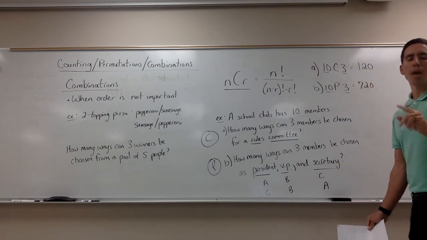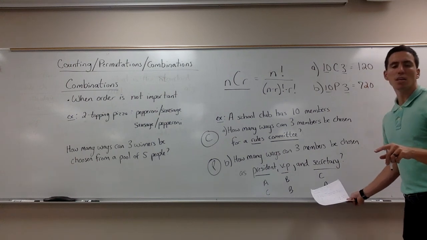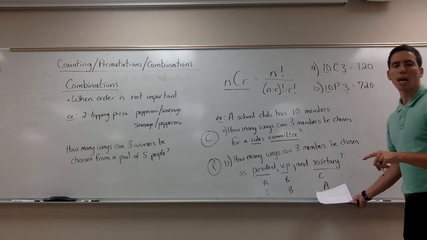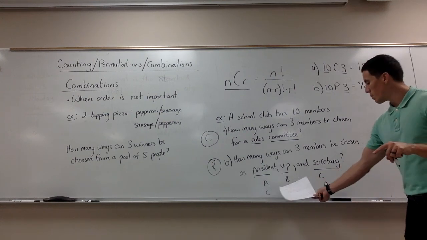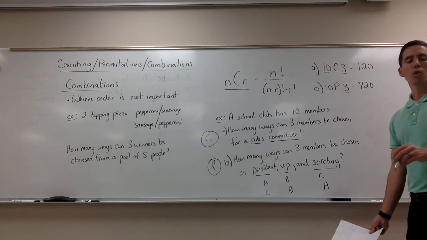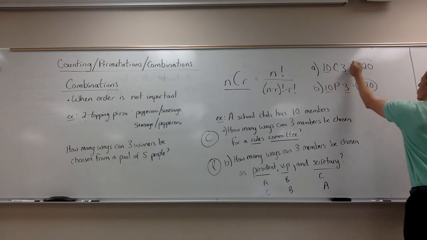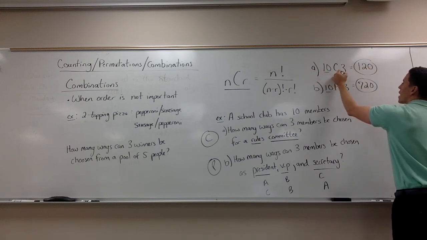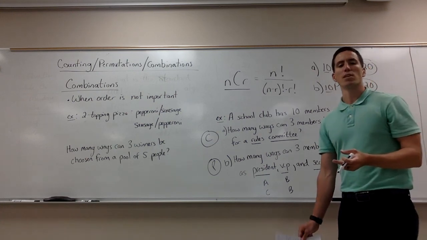When order matters, then A, B, C is a different result than C, B, A. When order does not matter, A, B, C is the same result as C, B, A. So it would make sense then that, generally speaking, when you're dealing with the same number of objects chosen the same number at a time, permutations are always going to be significantly larger than combinations.